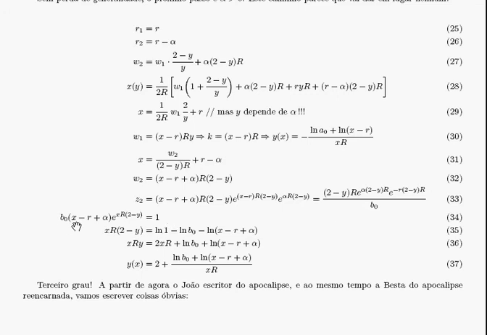The equation is B0 x minus r plus alpha exponential of r x2 minus y equals to 1. So, who is xr2 minus a? The exponent. Logarithm above minus logarithm down. Who is xry?